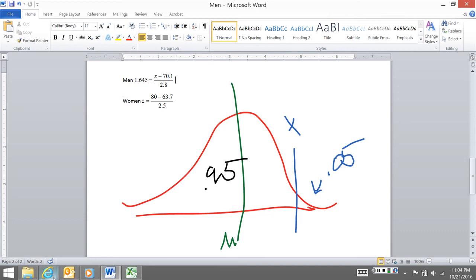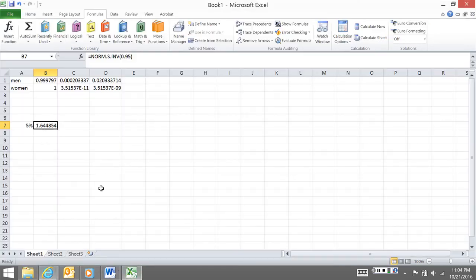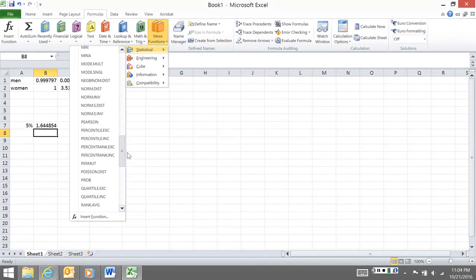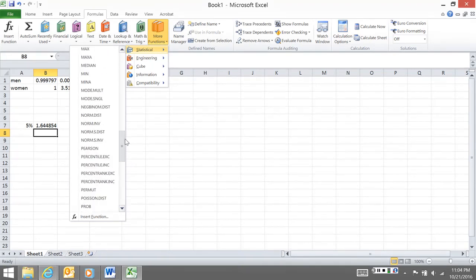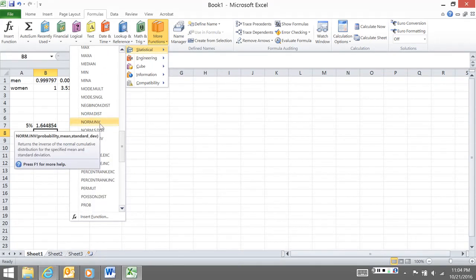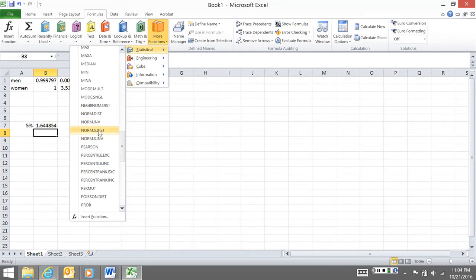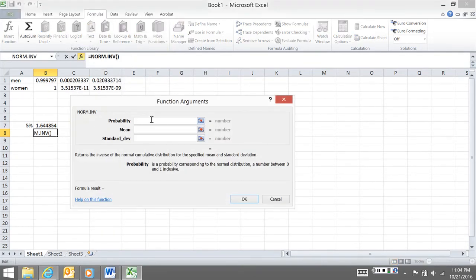Now, my other choice here in Excel is I can go down here. Instead of using the normal S distribution that I used, I can use just this normal inverse, okay? So the distribution, this is when I'm going forward. When I'm going backwards, I'm using this, the inverse. So the probability, again, 0.95, but now I'm going to put in my mean, 70.1, and 2.8.